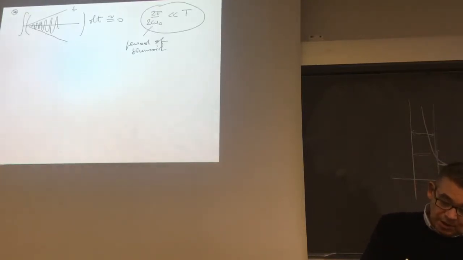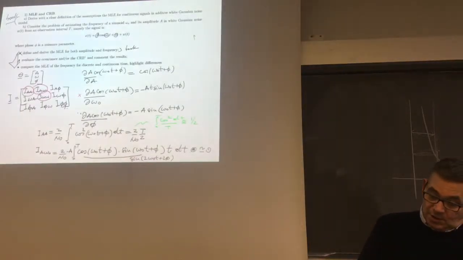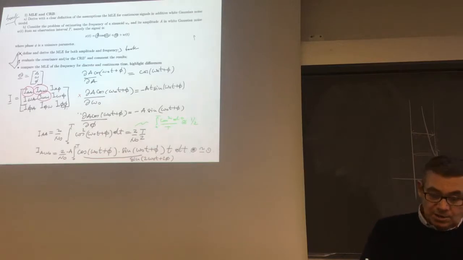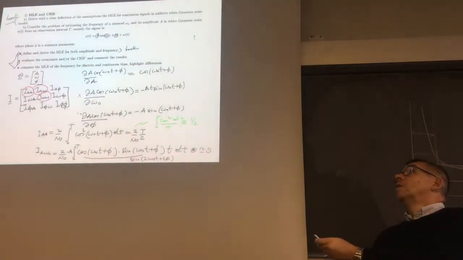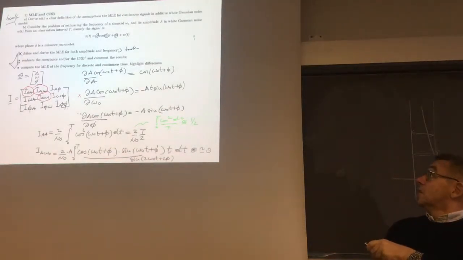So I omega omega is equal to 2 divided by N0 times the integral of this term. Here, I have I omega omega, and it is computed by the integral from 0 to T of this term squared.